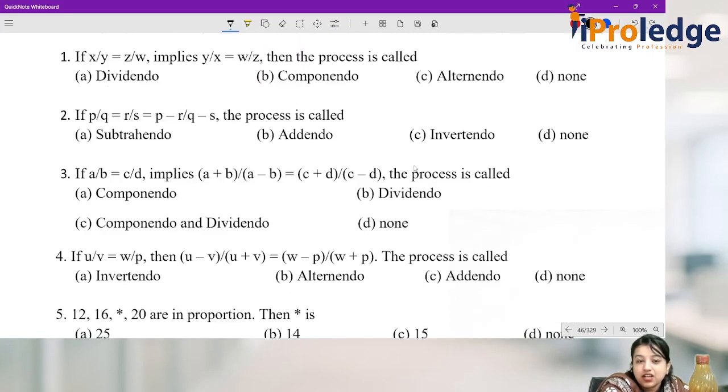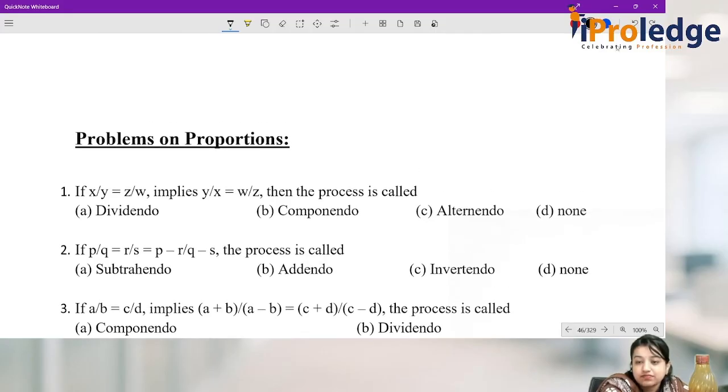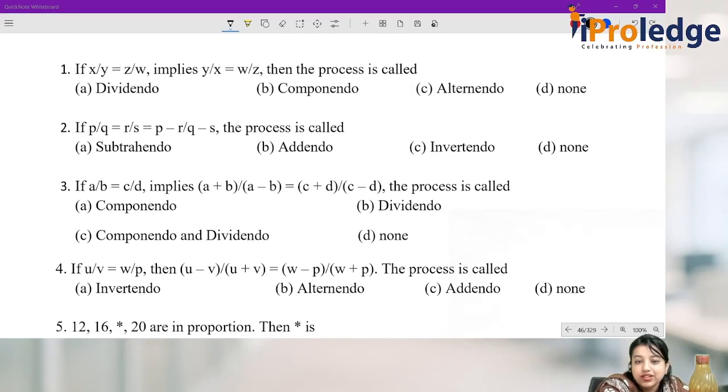Correct? Okay, here the first one, what's the answer? First one, invertendo. Second one, subtrahendo. Third one, componendo and dividendo.